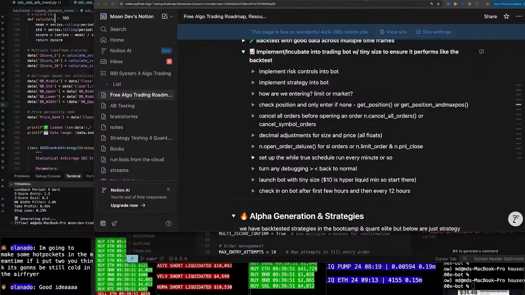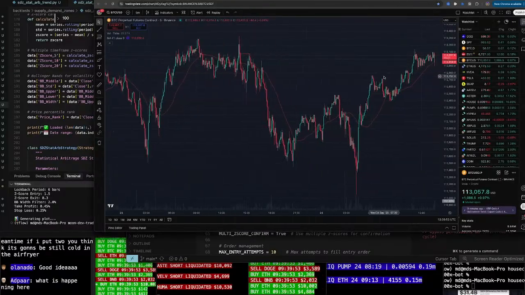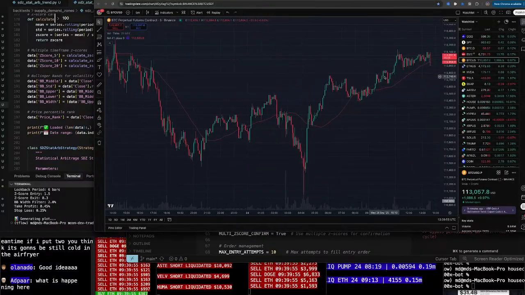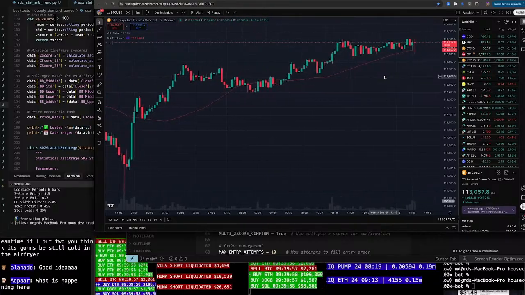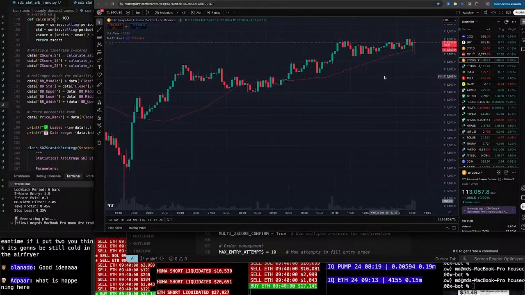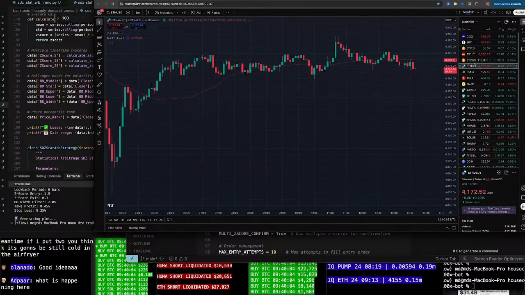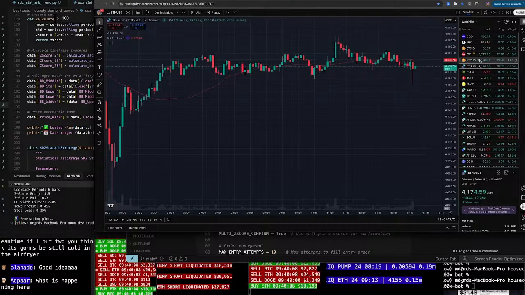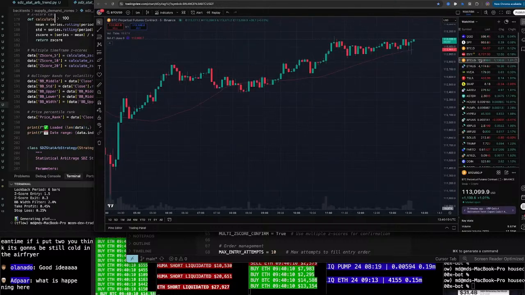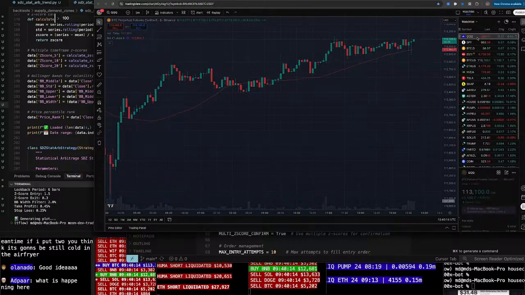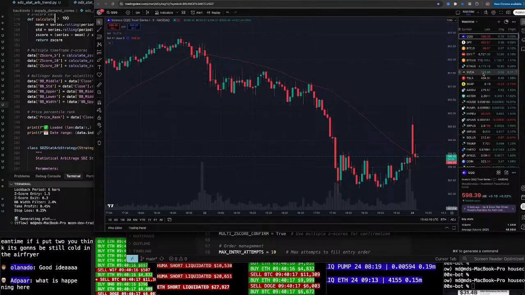Let's see what's going on here in the real market. Not the real market, but you know, the other market. We trade the fake market. BTC, ETH. QQQ is what I wanted to see.